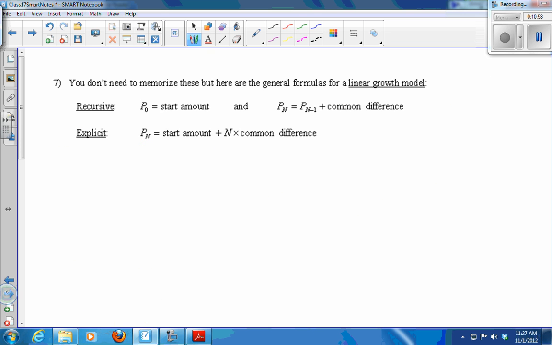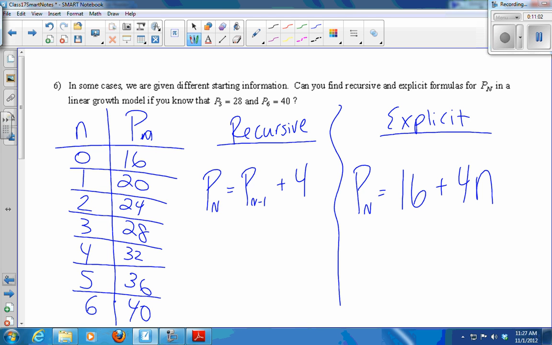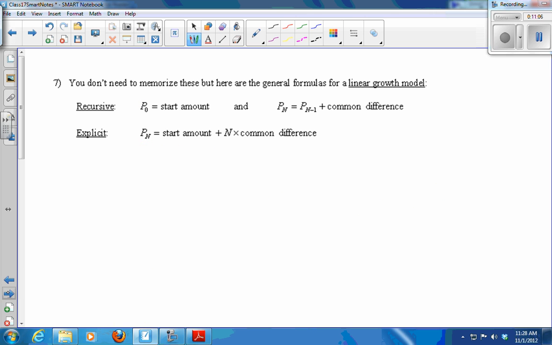Okay. All right, so you don't need to memorize these because we just answered a question without knowing any formulas whatsoever, right? But these are the general formulas for linear growth. We have recursive. You have to state up front what you start with, and then you give a rule of how it grows, where Pn is Pn minus 1 plus the common difference.